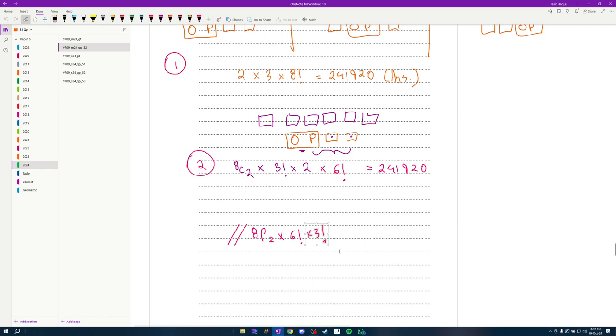Okay, and times 3 factorial because there are 3 units over here. Personally this is much better, because this makes sense. I pick 2 out of the 8, make them sit here. 3 factorial for all these guys. 2 for Ollie and Petra, and then 6 factorial for the back, basically.